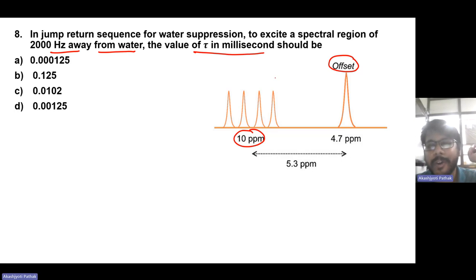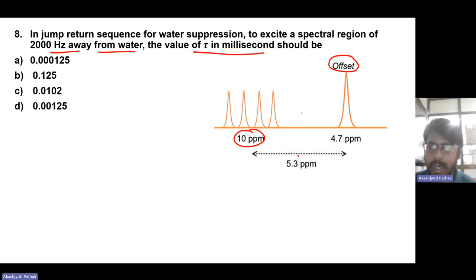So here, I have shown this figure so that you can understand what is meant by offset. This figure has nothing to do with the question, but it is just for your understanding of what this question is trying to say. Here, this 5.3 ppm does not correspond to 2000 hertz.